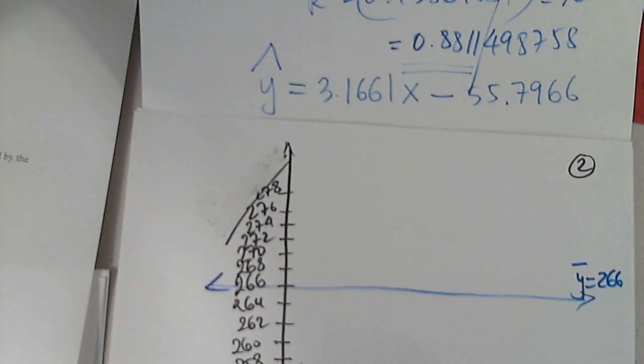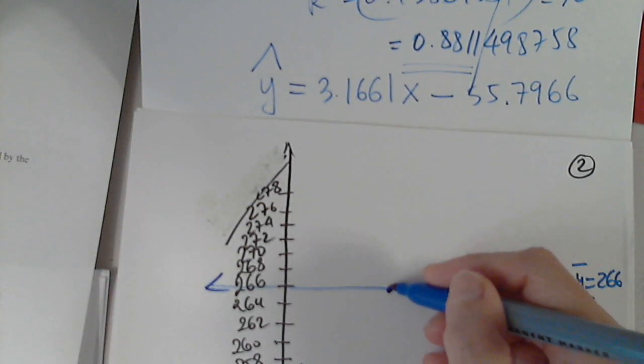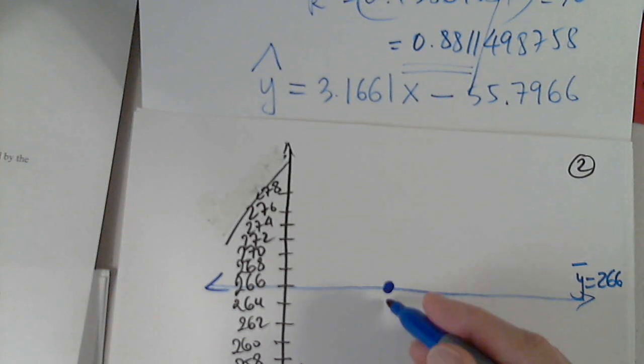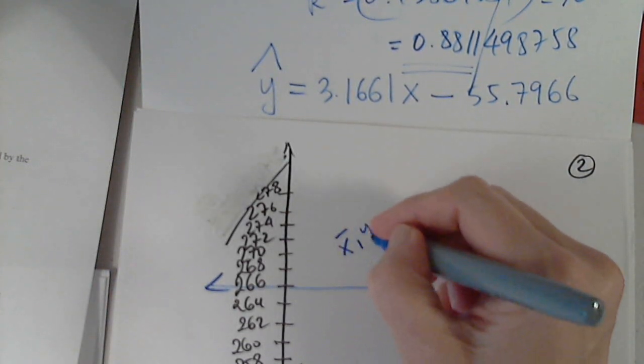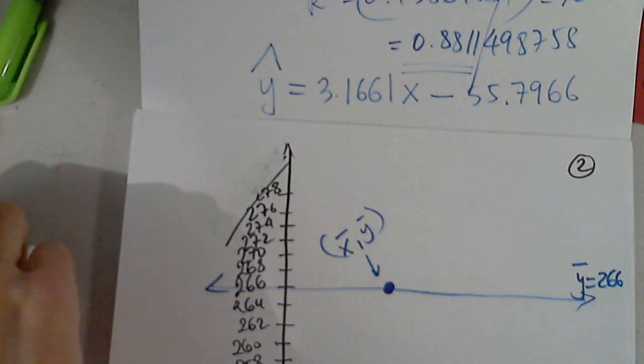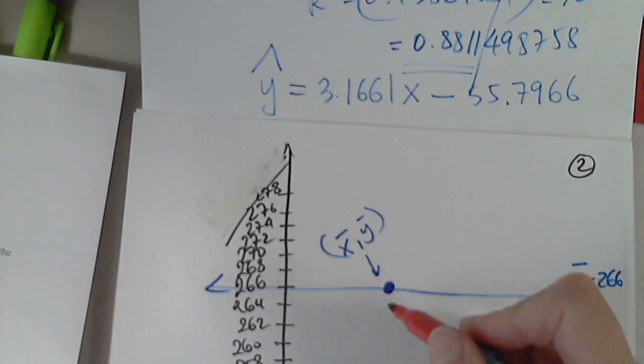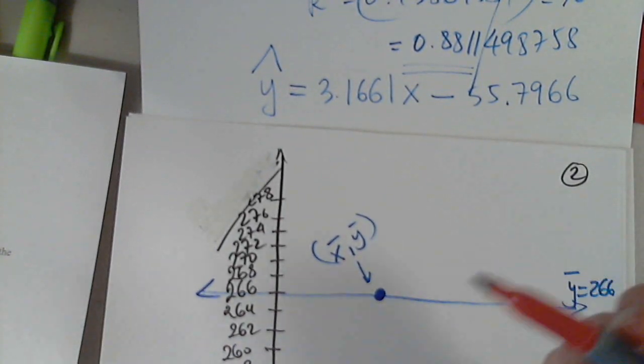I don't have enough room there, but you understand it's not exactly 266. And here is the point that is x bar comma y bar, this point. The linear regression line, the line of best fit, has to pass through this point. Mandatory.